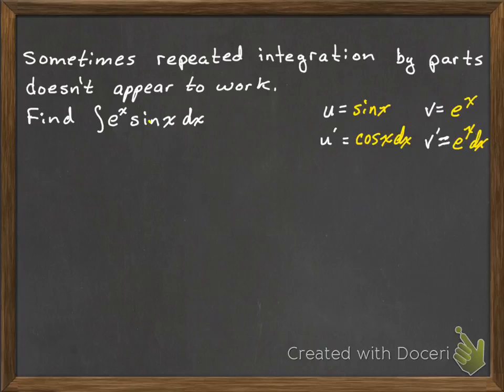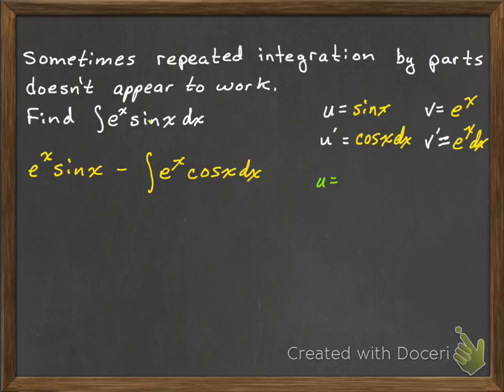All right, so plugging into our formula will give us u times v, so e to the x times sine x, minus the integral of v du. All right, so what you should notice is that this is very similar to what we started with, so we're going to need to do the integration by parts one more time.